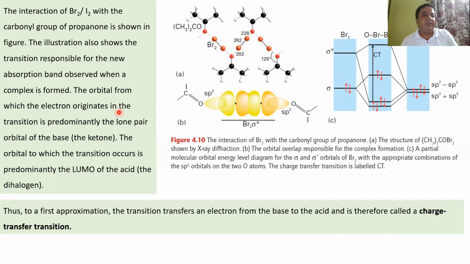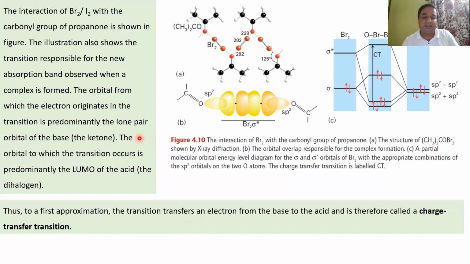Where is the transition taking place from? The orbital in which the transition occurs is predominantly the LUMO of the acid, that means the dihalogen over here, which is accepting. Here acid means the Lewis acid, and the ketone is basically the Lewis base. So this particular type of transition is our charge transfer transition.